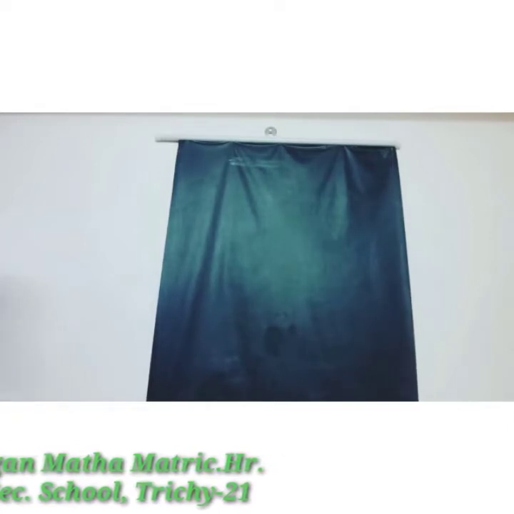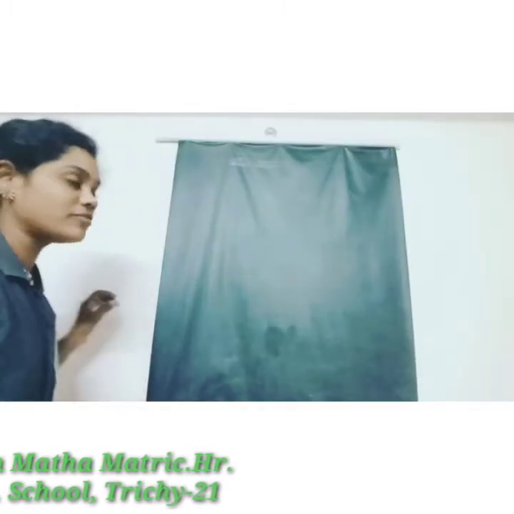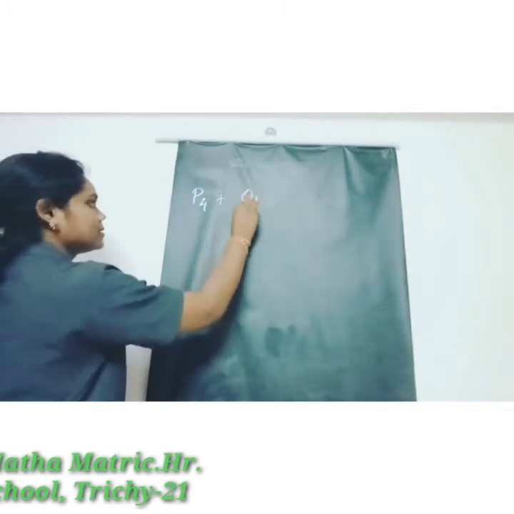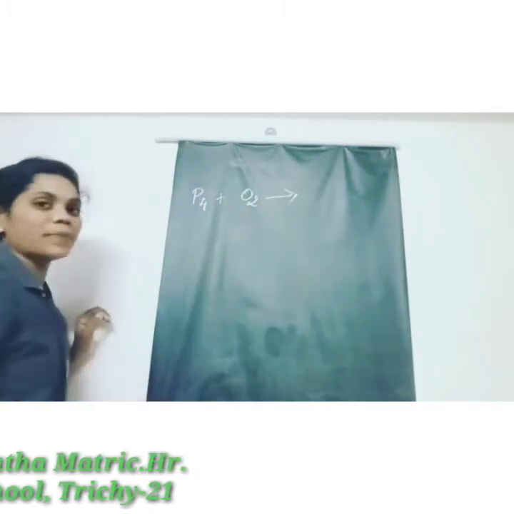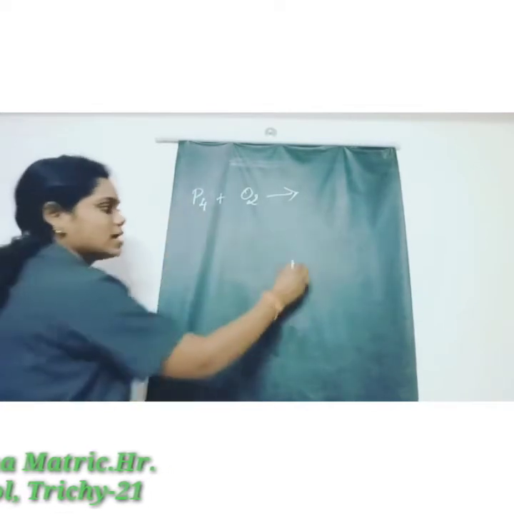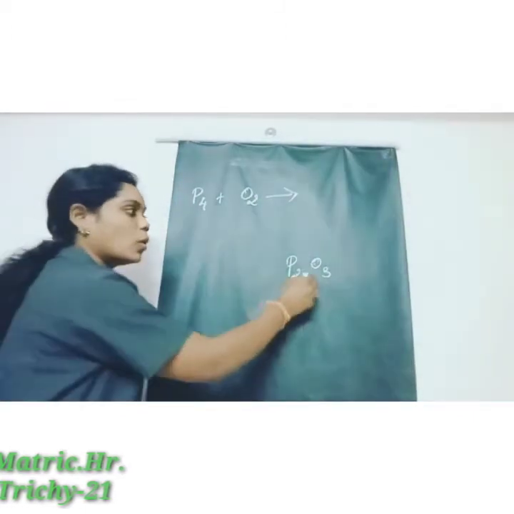Let us see the equation. The formula for phosphorus is P4. In the presence of oxygen, it gives phosphorus trioxide. The basic formula for phosphorus trioxide is P2O3.